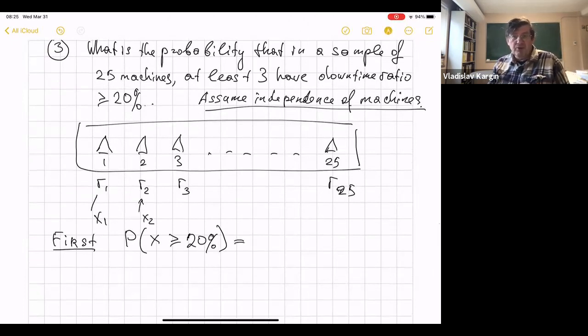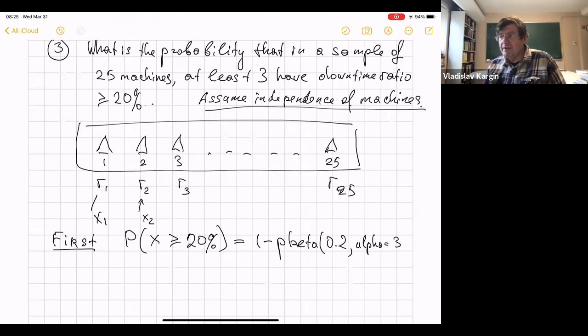We already know how to do this: 1 minus the beta CDF at 0.2, with alpha equal to 3 and beta equal to 18.